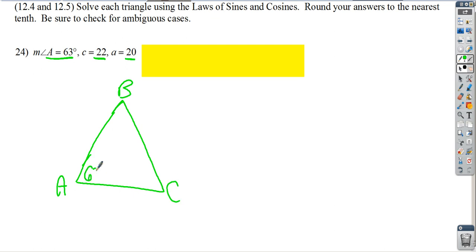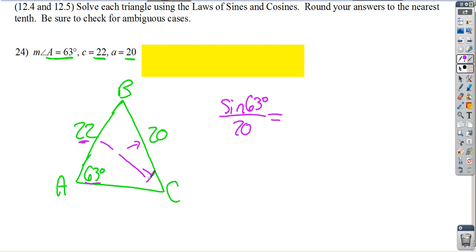We know this angle is 63. We know side A is 20. We know side C is 22. That's all we know. Okay, so we'll try to use the law of sines, because we always try to use that by preference if and when we can. So the sine of this angle over its opposite side, sine 63 degrees over 20, is going to equal, well, we only have one other side, so that's the one we have to use, and that's opposite to this angle, which we'll call angle C. So sine of angle C over 22.